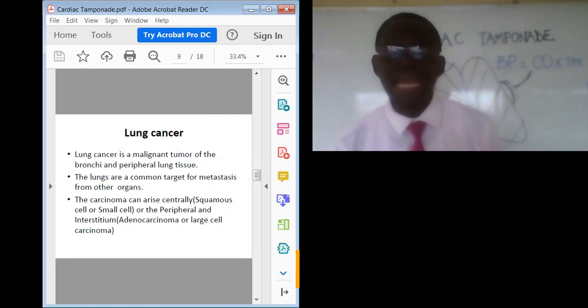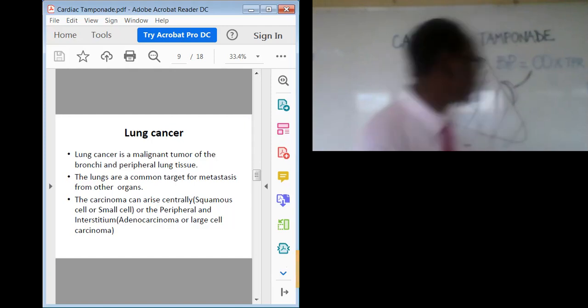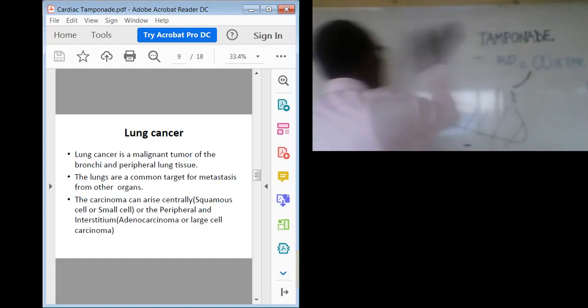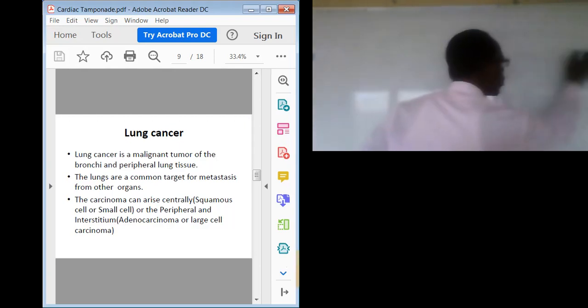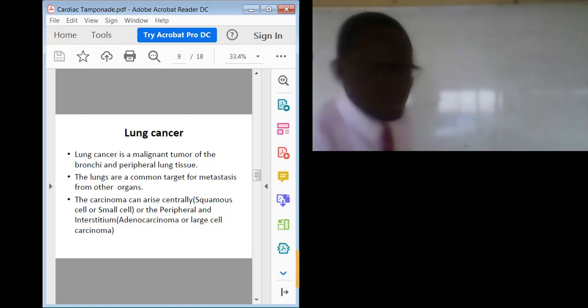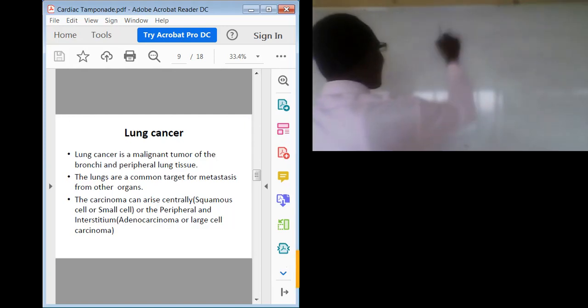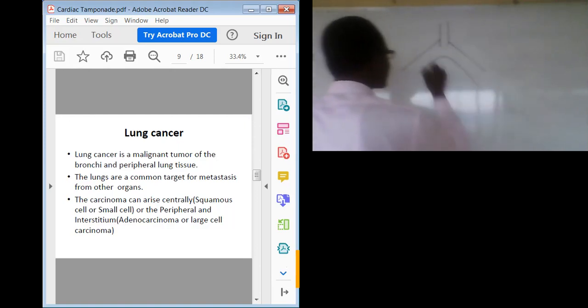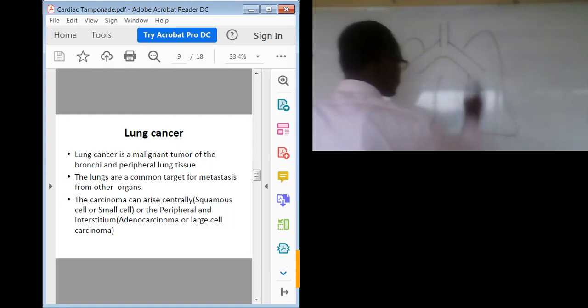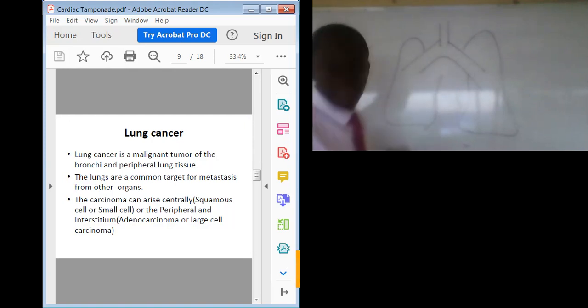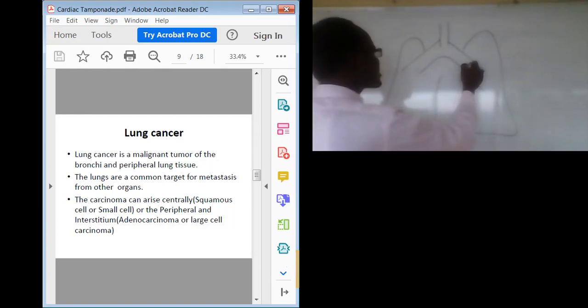Now, the carcinoma can arise centrally, or it can arise peripherally. This is what we are saying. If these are our lungs, we are saying that the carcinoma can arise centrally.